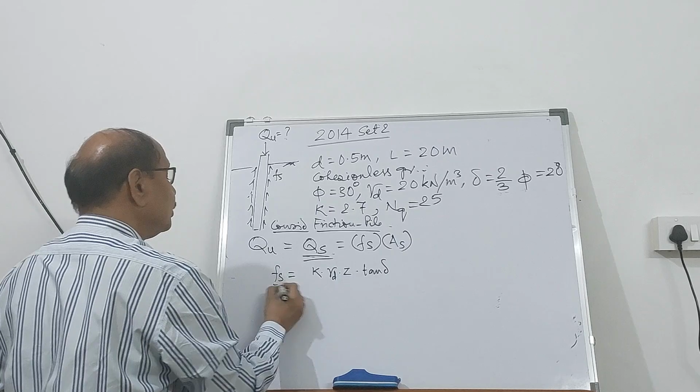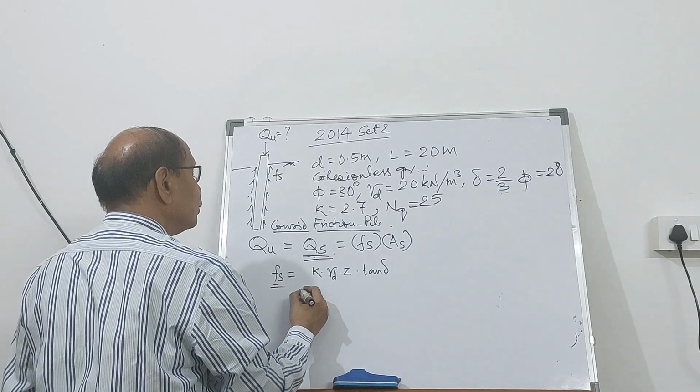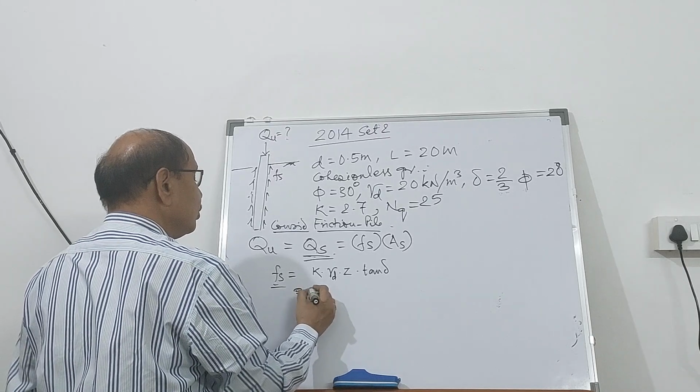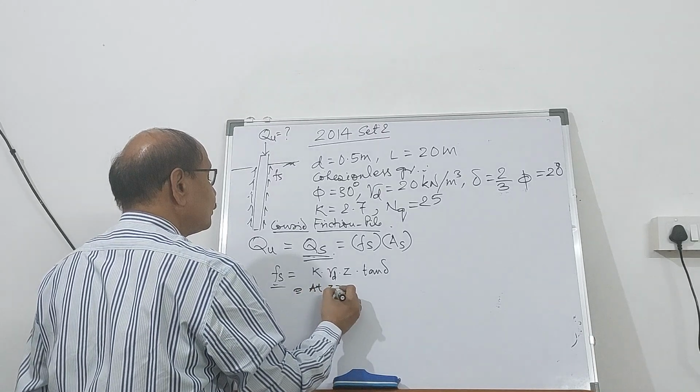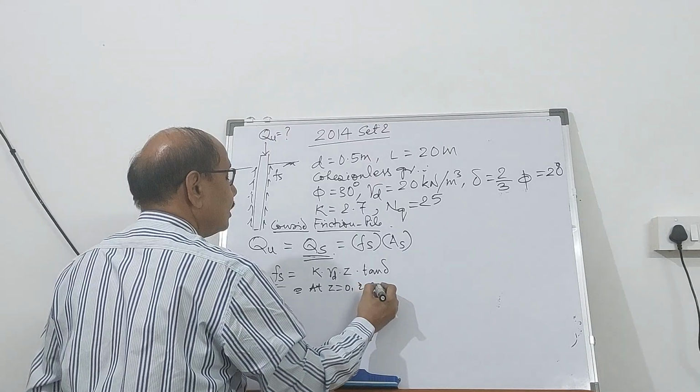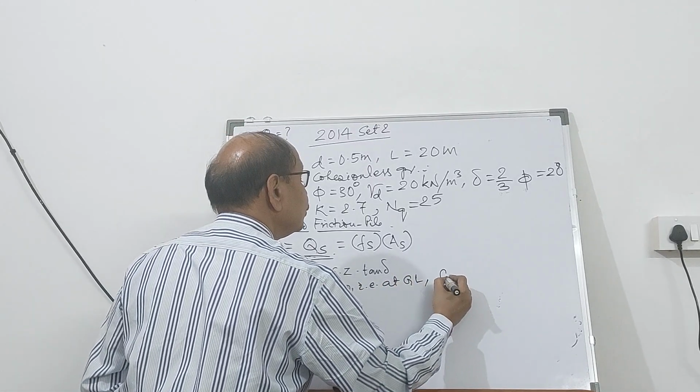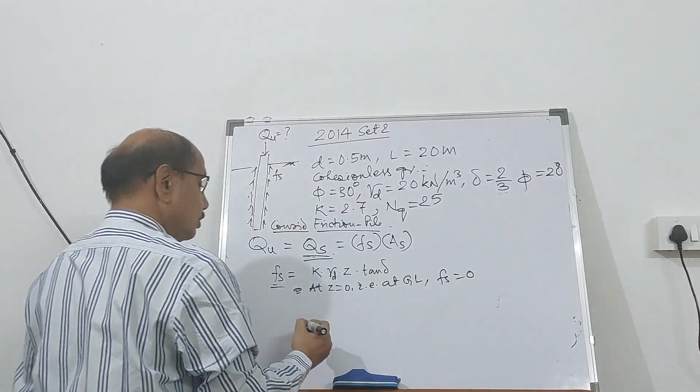That is the value of unit skin friction. So at Z equal to 0, that is, at ground level, the value of unit skin friction will be 0.